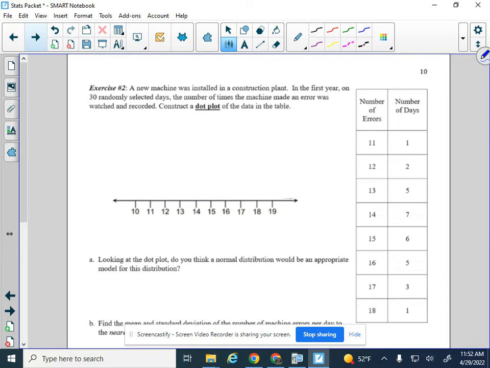So here we have another histogram. We're going to go through those steps. We see no histogram. We see a frequency table, and we're just drawing a dot plot for this one. So you can quickly do that. I'm going to draw it up here if you want to pause the video.